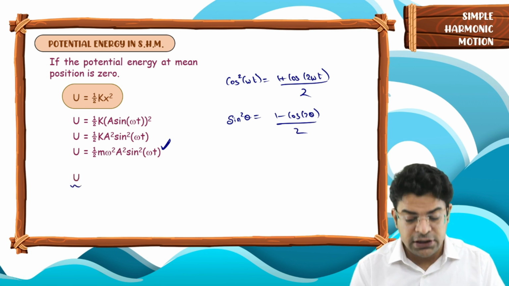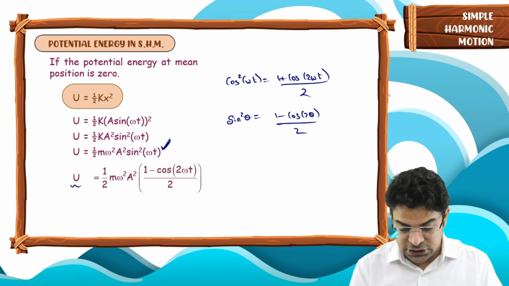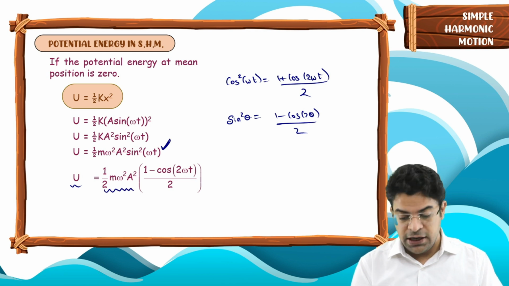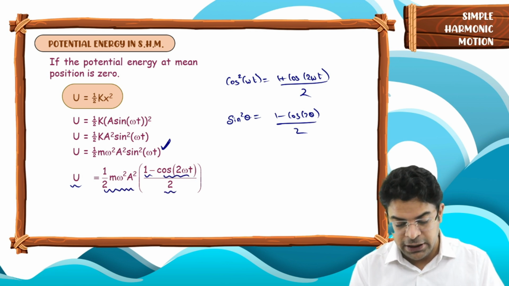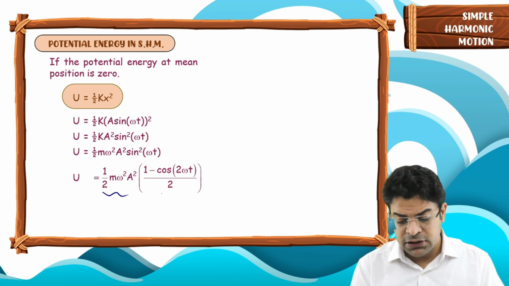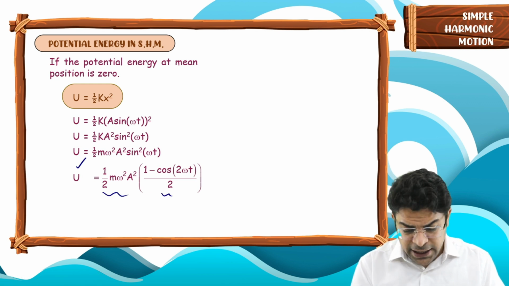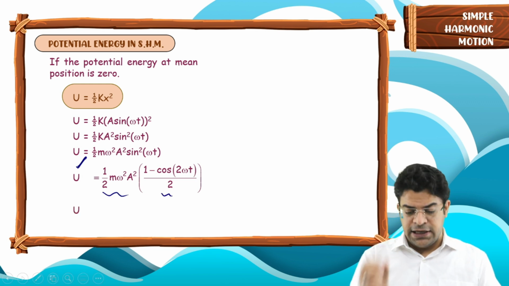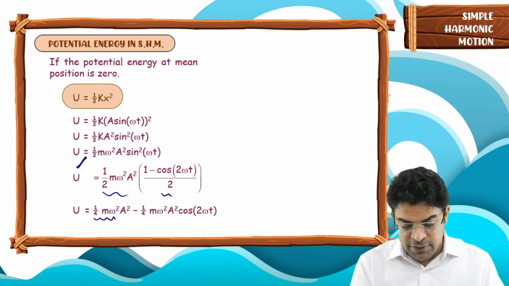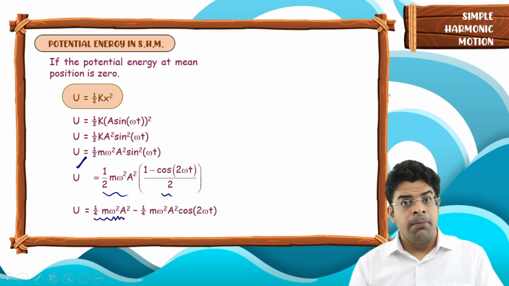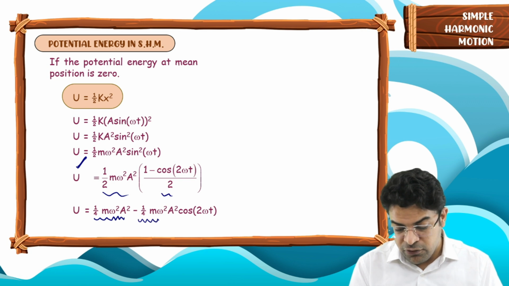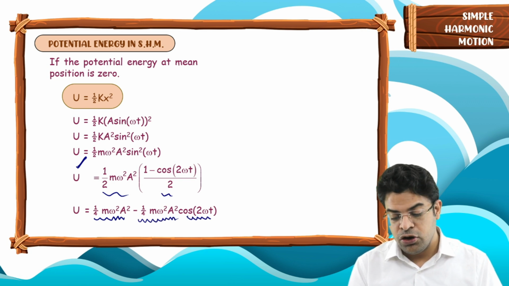So the potential energy at any time t can be written as half m omega square a square into 1 minus cos 2 omega t by 2. Now multiplying the terms, the potential energy at any time t equals 1 by 4 m omega square a square minus 1 by 4 m omega square a square into cos 2 omega t.